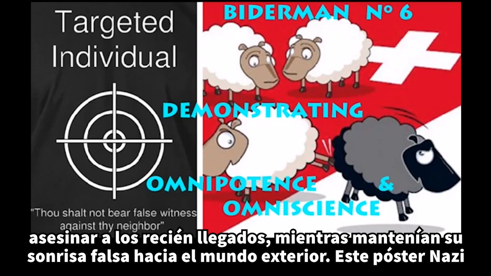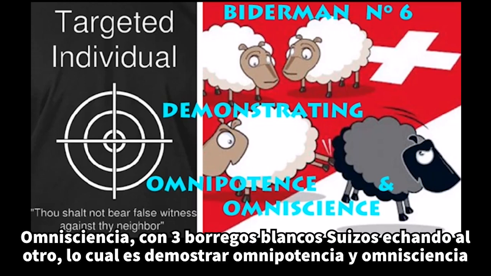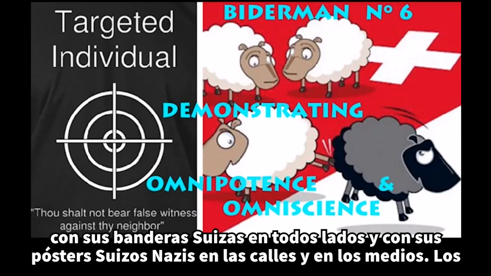This Swiss Nazi poster definitely applies Biderman's chart of coercion and its rule number 6, demonstrating omnipotence and omniscience, with 3 white Swiss sheep kicking the other one, which is demonstrating omnipotence and omniscience.